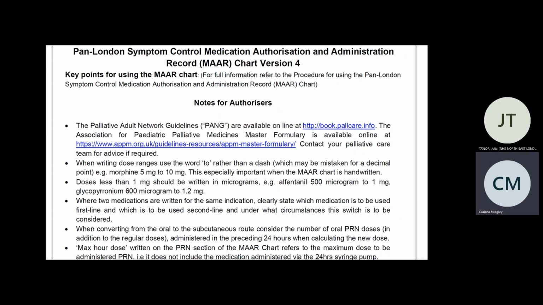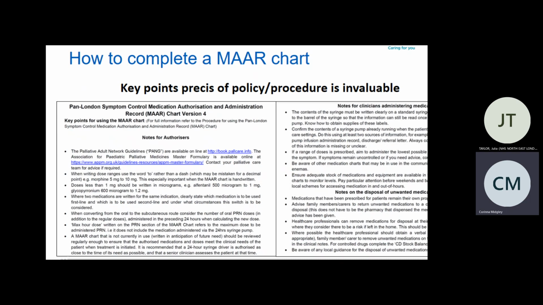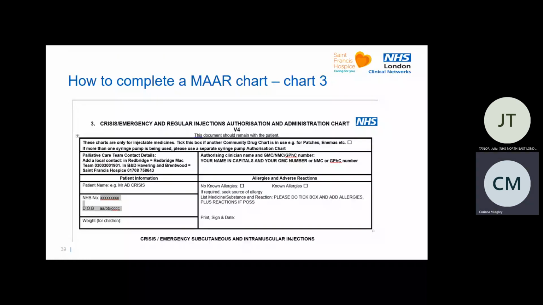Okay. So onto the chart itself. The top part of the chart looks very similar to other charts in the suite. You can see that you can enter your palliative care team contact details, always really valuable, because it means the person on the scene at the time of crisis has got a go-to phone number for advice and support if they need it.